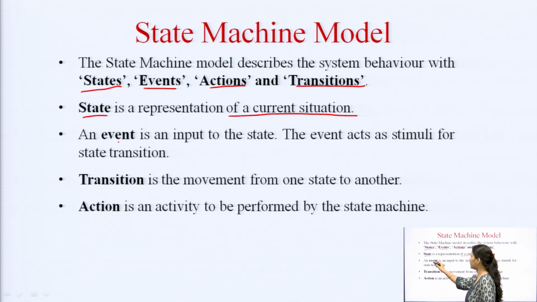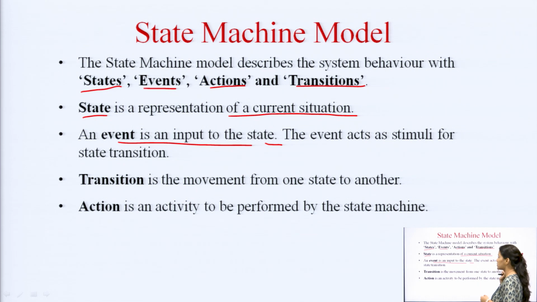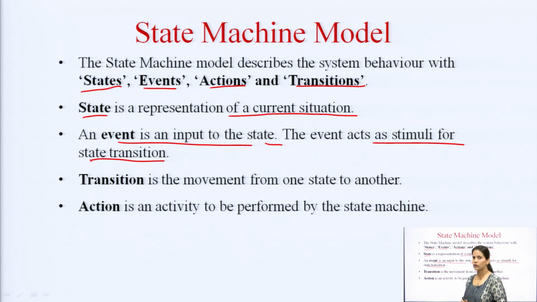An event is an input to the state that triggers that state; the event acts as the stimulus for that state transition. So, an event is always an input which acts as the stimulus that triggers the process to react, and it leads to the transition from one state to another.